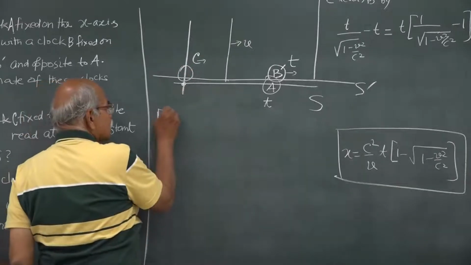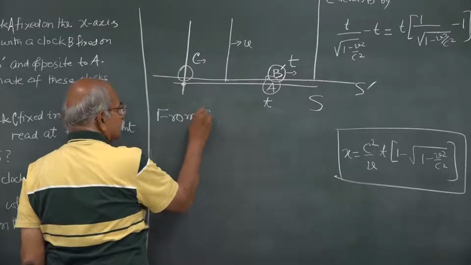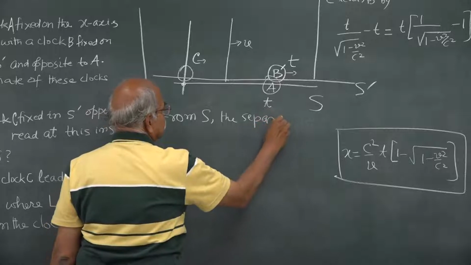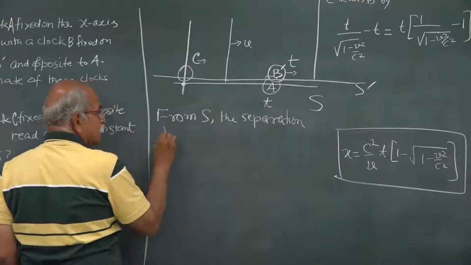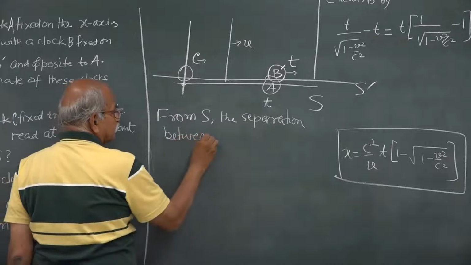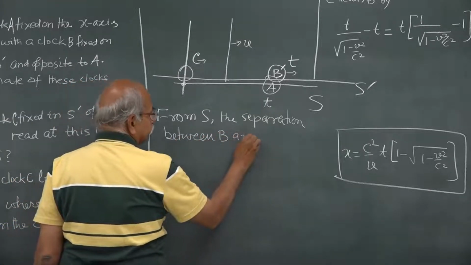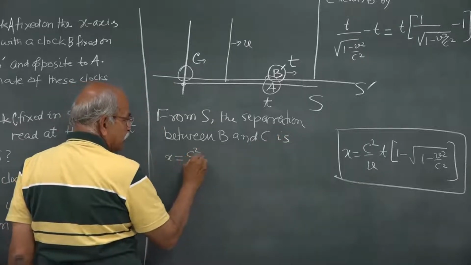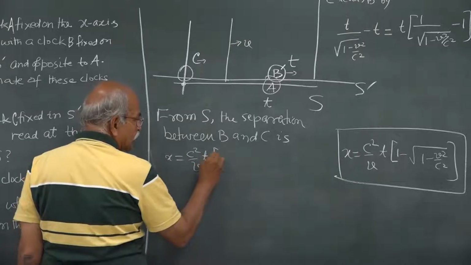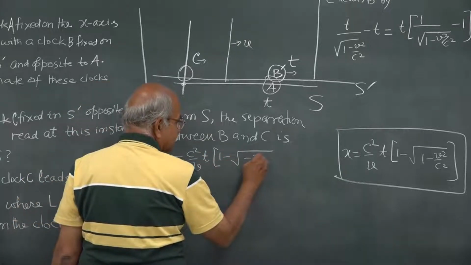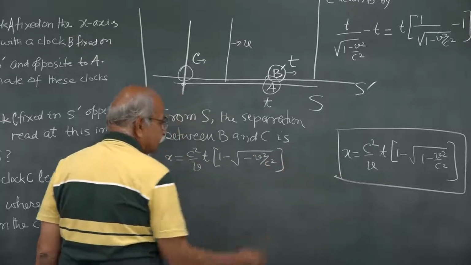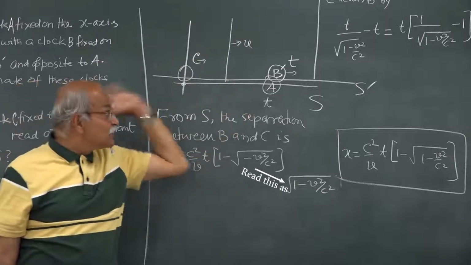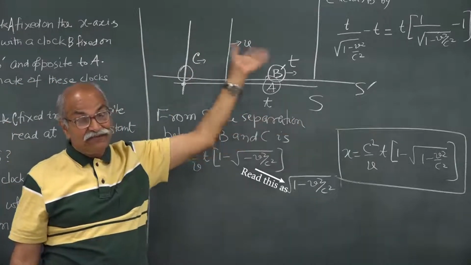So from S, the separation between B and C is x, and that is c square by v into t, times 1 minus square root of 1 minus v square by c square. That is the separation between B and C as seen from S, and in S both of them are moving with velocity v.